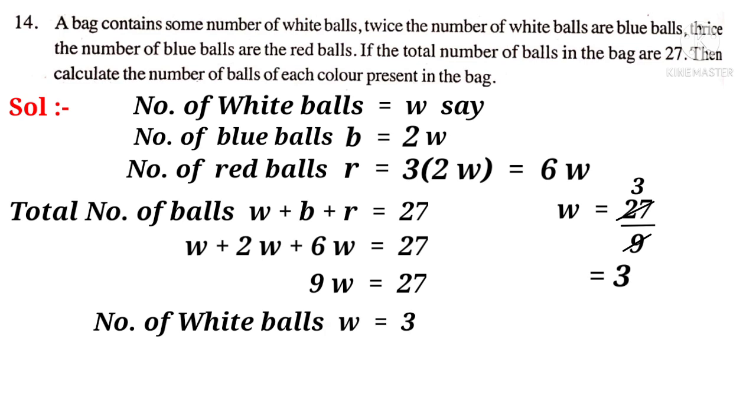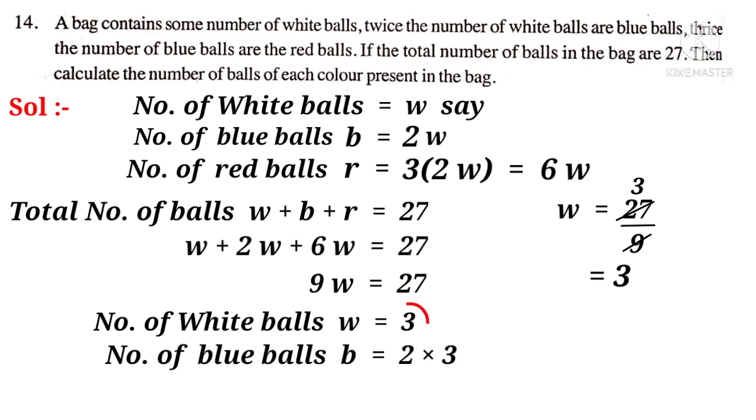Now number of blue balls b is equal to 2 into 3, because put 3 in place of w, then we get b is equal to 2 into 3. Now it is equal to 6, because 2 into 3 is equal to 6.